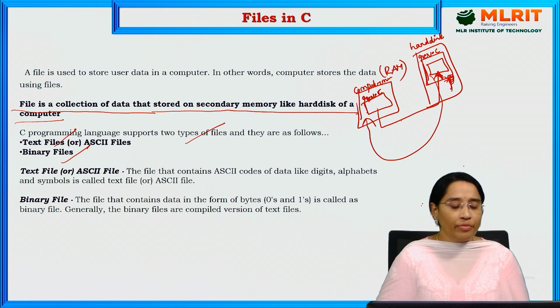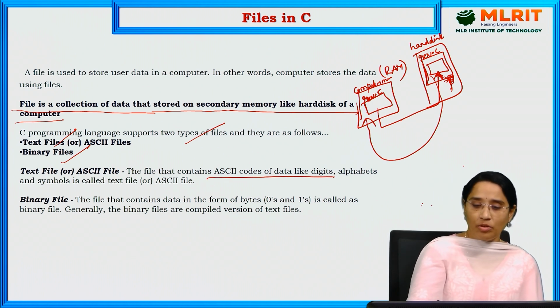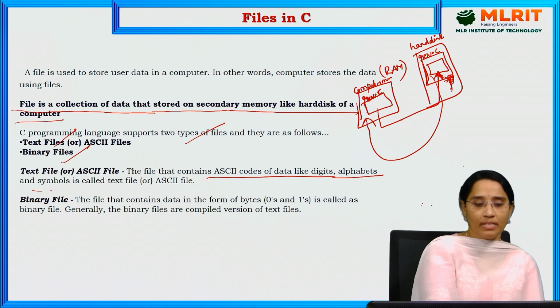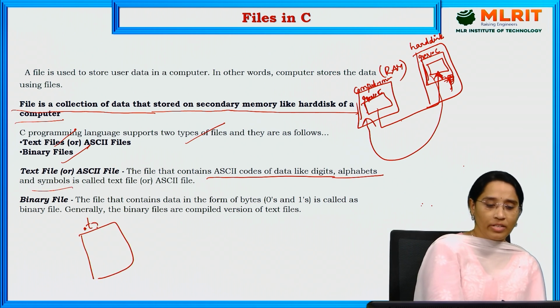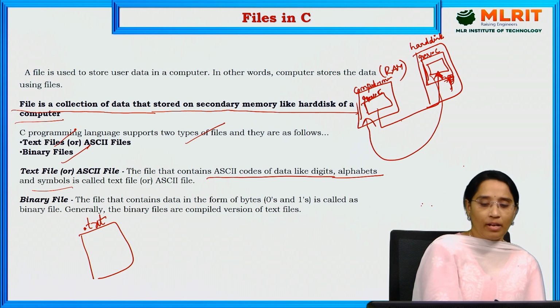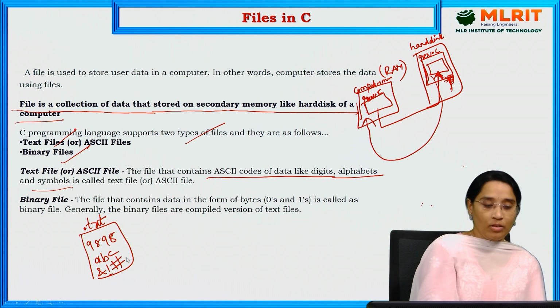A file that contains ASCII codes of data like digits, alphabets and symbols is called a text file. Suppose you take any file with a .txt extension, and in that file you write any digits, alphabets or symbols.